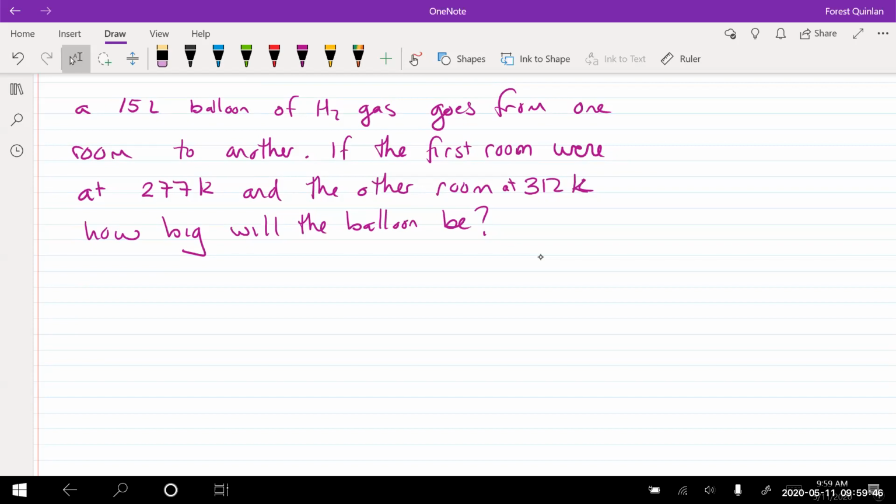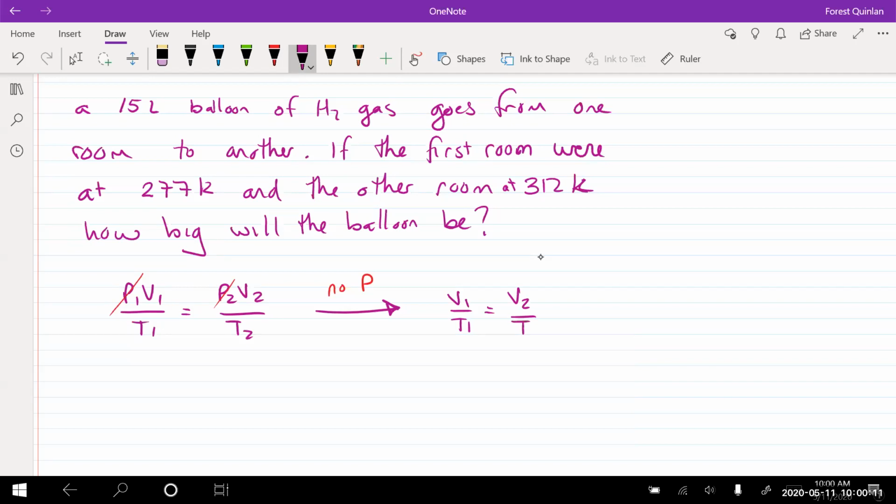All right, so it should get bigger. We do see the conditions are changing. So we will go P1 V1 over T1 equals P2 V2 over T2. Is there anything we did not talk about? Pressure, right? No pressure, get rid of it. So we now have V1 over T1 equals V2 over T2.